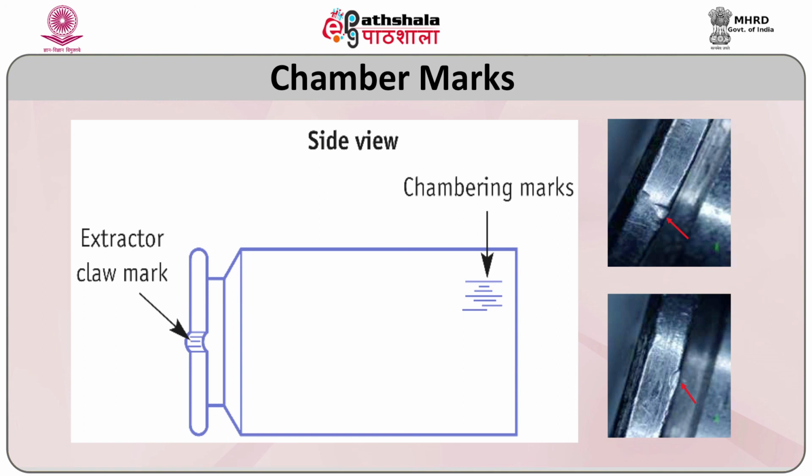The chamber marks are often found on cartridges fired from improvised firearms, as there is no proper space to allow for the normal expansion of the cartridge case on firing. The chamber marks permit the identification of the firearm from the fired ammunition like the other marks.